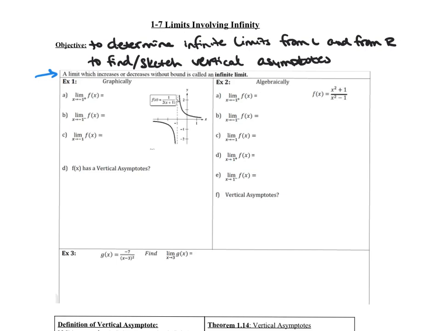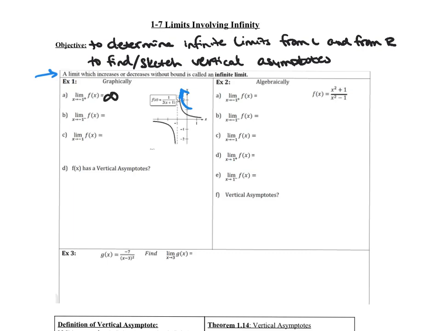So let's take a look at this graph of f of x, where f of x is equal to 1 over the quantity 2 times x plus 1. So first we're going to look at the limit as x approaches -1 from the right. And we see that our y values are approaching infinity.